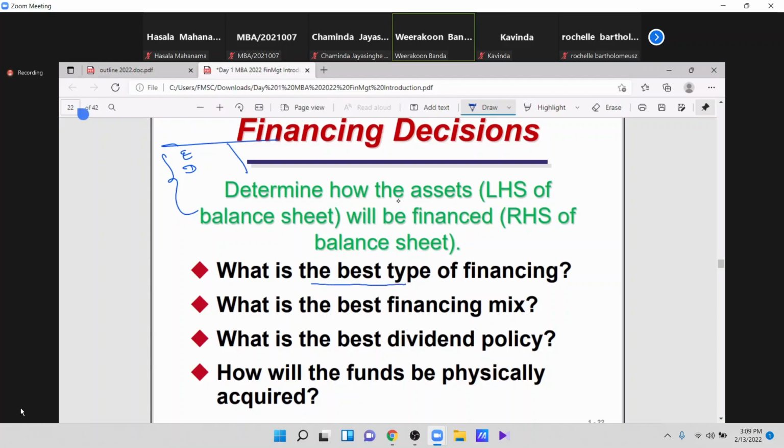If it is a public company, owner's capital is the best one. If it is a partnership, partner's capital is the best one. For a sole proprietorship, the best type of financing is the owner's capital. So why do we say that? In some cases, if it is a public company, the most appropriate type of financing should be equity capital. But we don't always maintain the best type of financing.